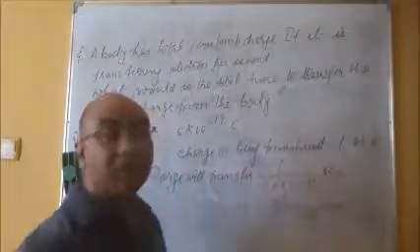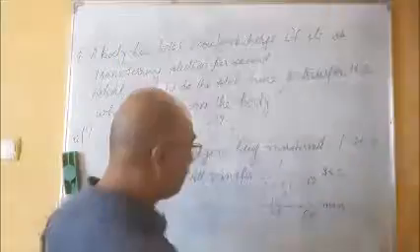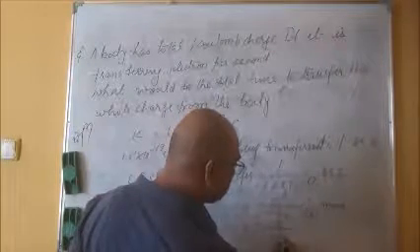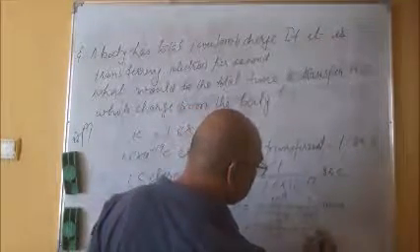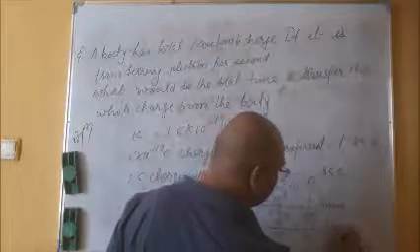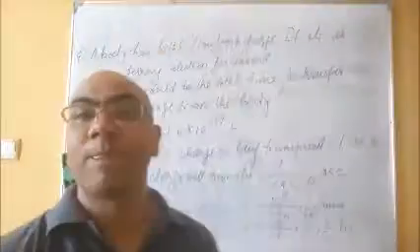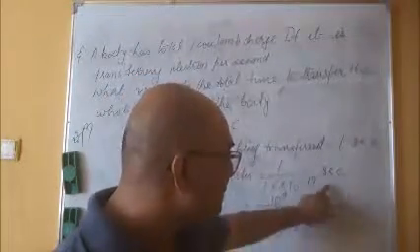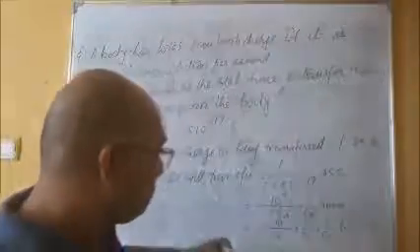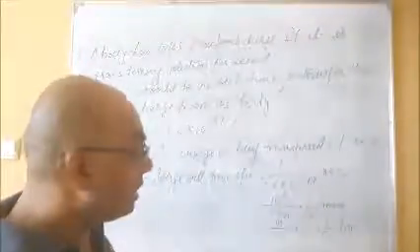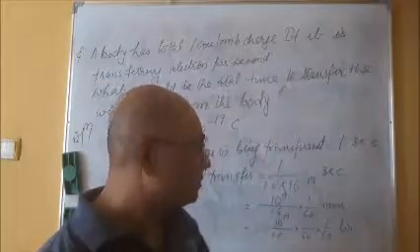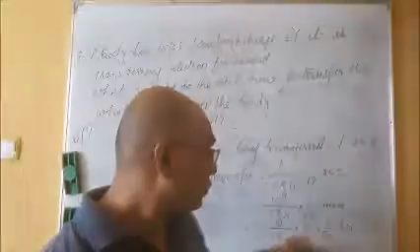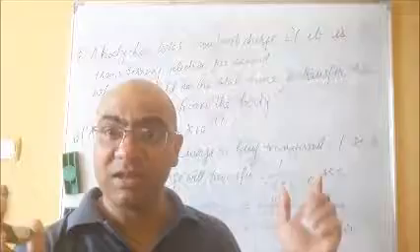Now I want to make it in hours, then 10 to the power 19 upon 1.6 into 1 upon 60 into 1 upon 60, this will be hours, because 1 hour has 60 minutes and 1 minute has 60 seconds. So to transfer 1 coulomb charge, the system will take so many hours. I hope you see this 10 to the power 19 is a very big quantity, so when you solve it, this value will be very large.